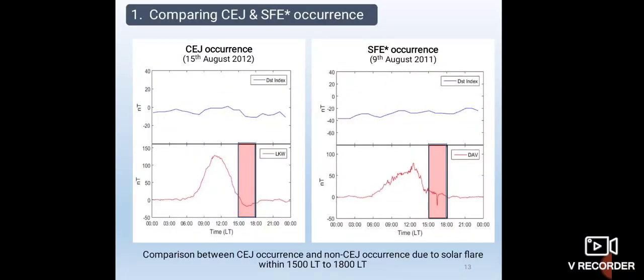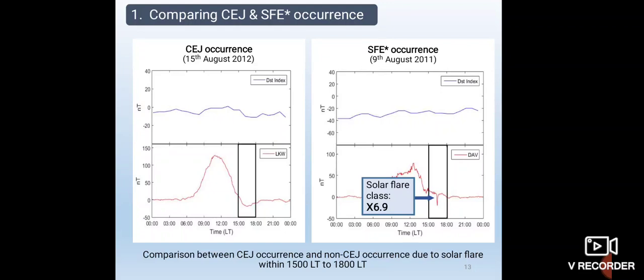Before going deeper, we begin the analysis with a comparison of the effect between CEJ and SFE star. Based on the geomagnetic data plotted in the figure, we mark the effect within 15 to 18 local time. SFE star occurrence on 9 August 2011 is caused by solar flare class 8.6.9.